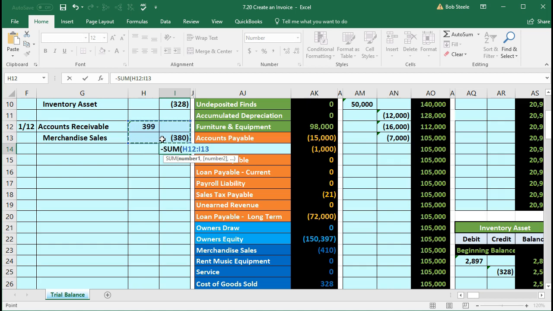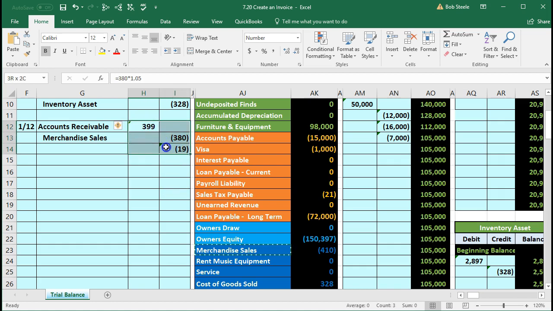And that'll take everything in there and sum them up. However, this being a negative number means it'll be 399 minus 380 and flip the sign to make it a negative. And that's what we want. So if I highlight the entire thing then, we can see that it sums up to 0, and that's what we want, meaning the debits minus the credits equal 0.